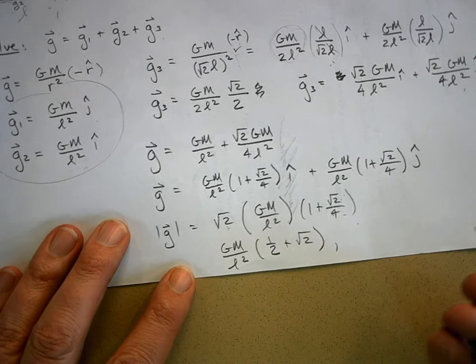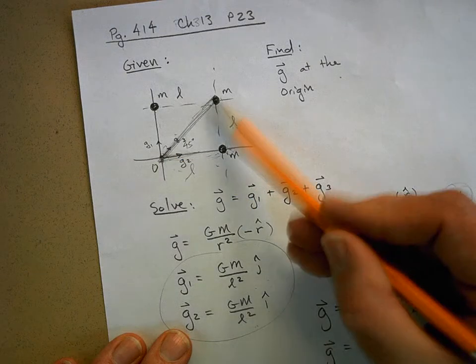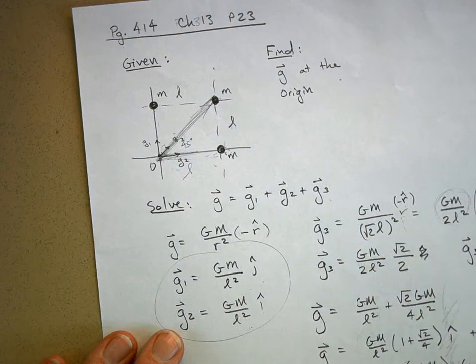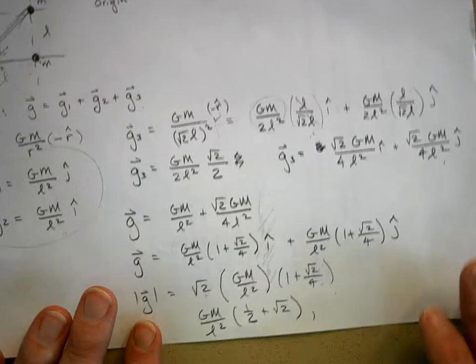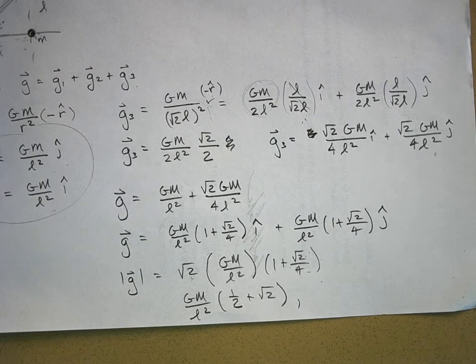And then for the direction, they said towards the opposite corner. Well, what does that mean? That means in this direction. It's being pulled in that direction, like that. Okay. I think that's what they said. Yeah, that's what they got in the book for 23.